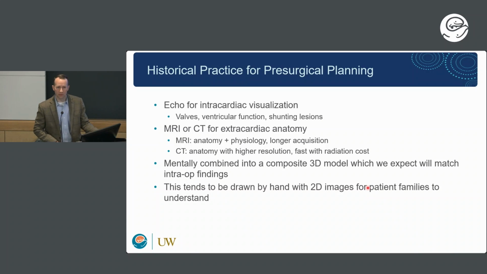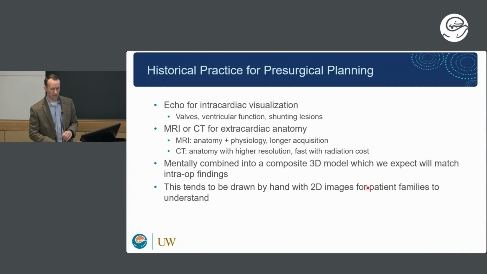Historically, we have used echo for a lot of our intracardiac visualization. It does visualize some extracardiac structures, especially in young kids who have better acoustic windows, but it's best for valve structures, ventricular function, and shunting lesions. And then we really tend to use our cross-sectional imaging, MRI or CT, a lot more for extravascular structures.